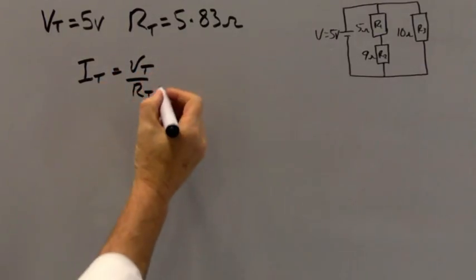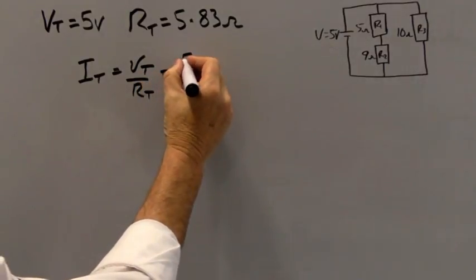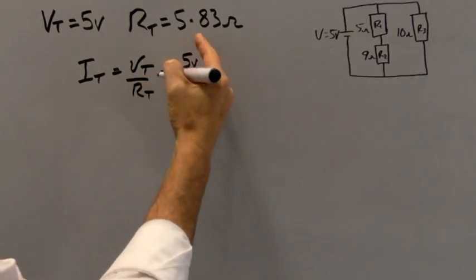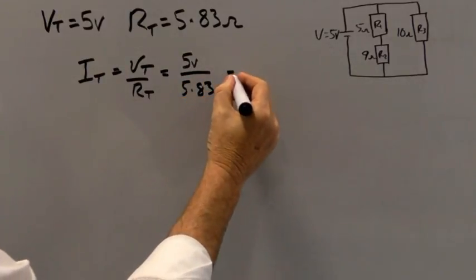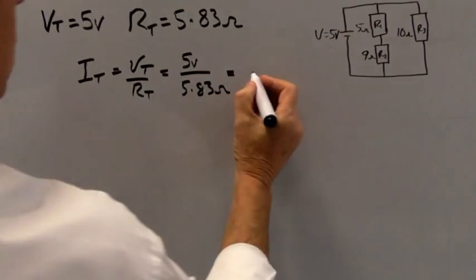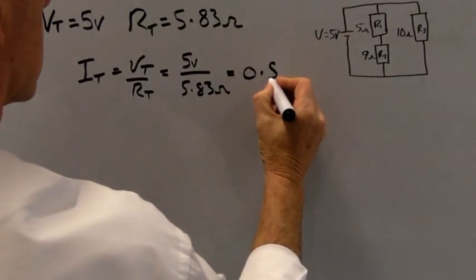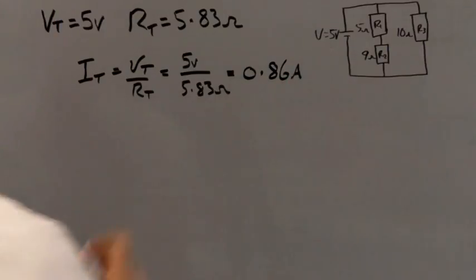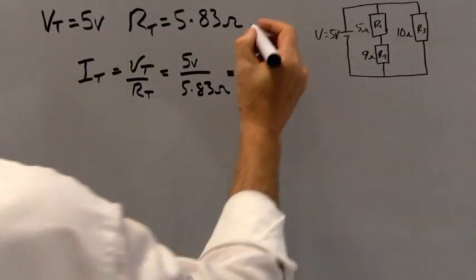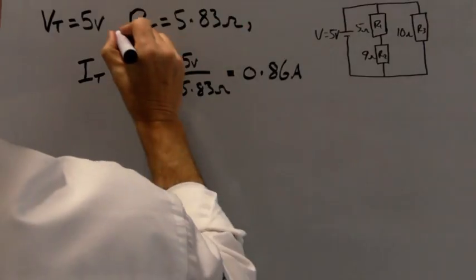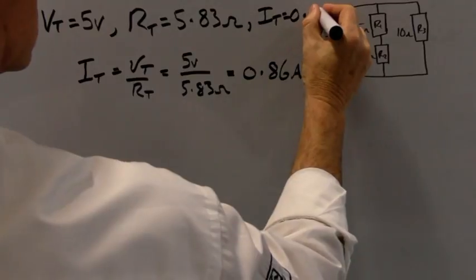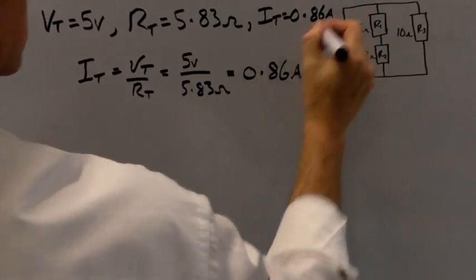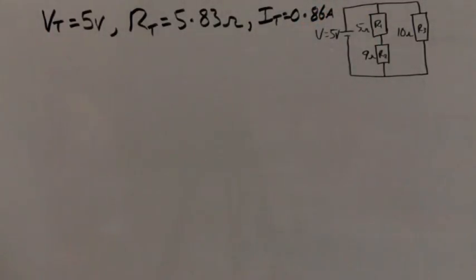I've already got these values, so that equals 5 volts divided by 5.83 ohms, and that equals 0.86 amps. So I'll make a note of that at the top. IT equals 0.86 amps.